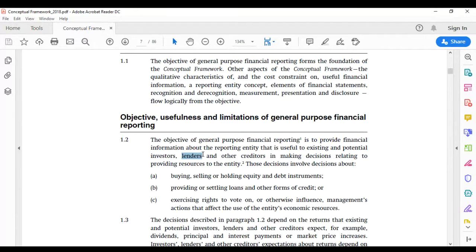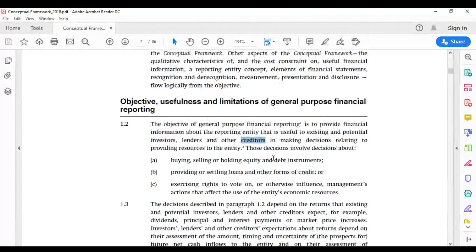In the case of lenders, they will provide resources again in the form of money. Creditors will grant us credit facilities. In other words, we buy today, but they allow us to pay in 28 or 31 or 60 days time, or whatever the case may be. So those decisions obviously involve things such as the buying, selling, or the holding of equity and debt instruments.